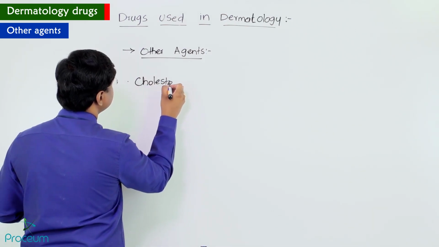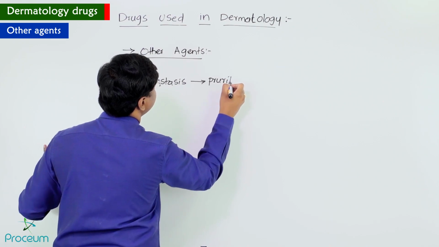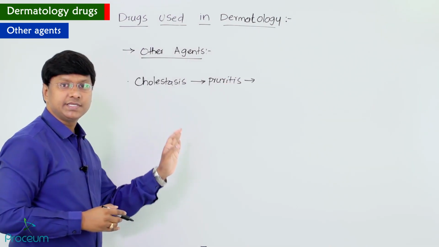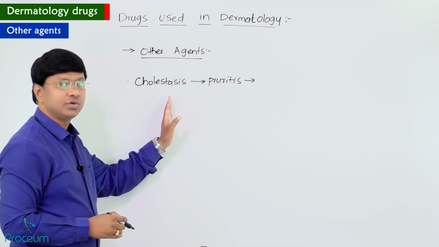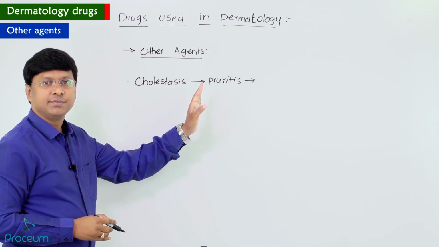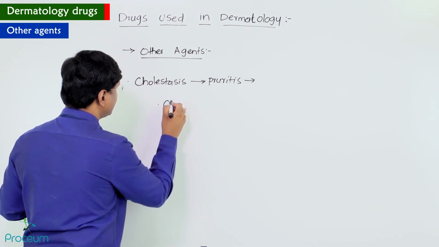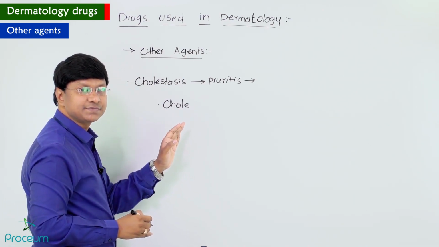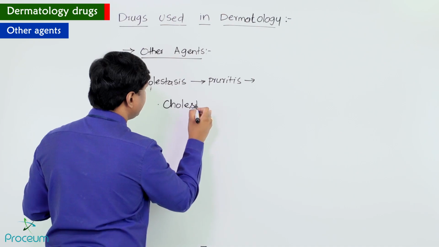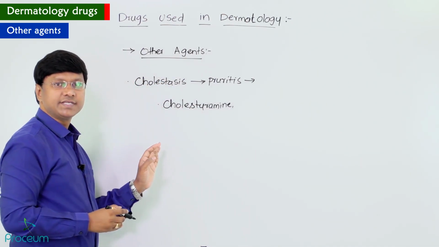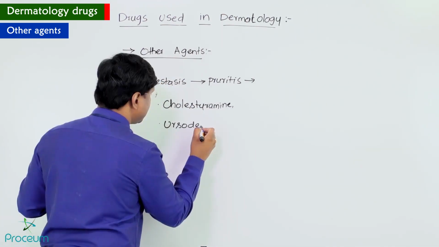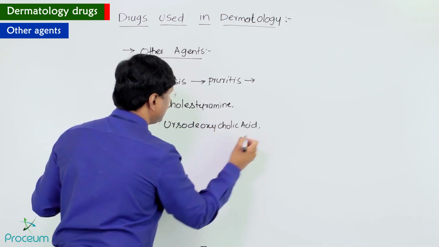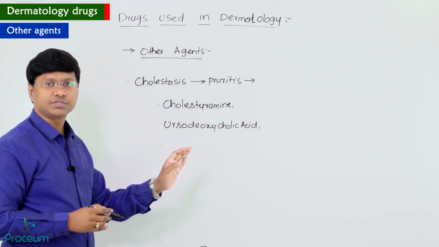Remember, cholestasis associated pruritus may respond to a substance called cholestyramine. Next it responds to ursodeoxycholic acid.